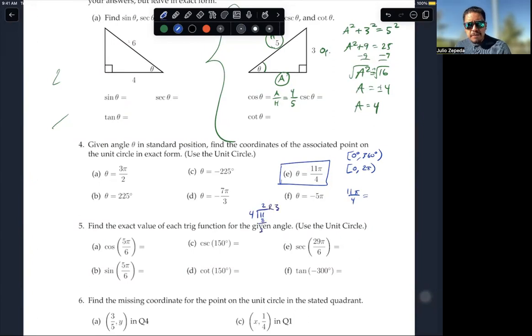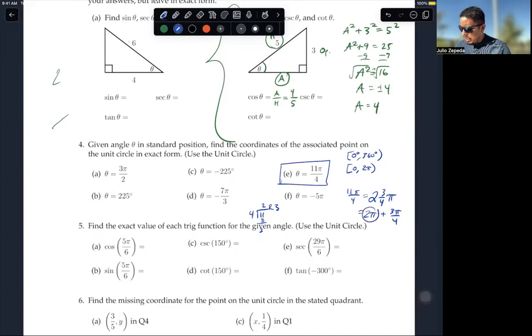And so 11 pi over 4 is really 2 3/4 pi, or 2 pi plus 3 pi over 4.